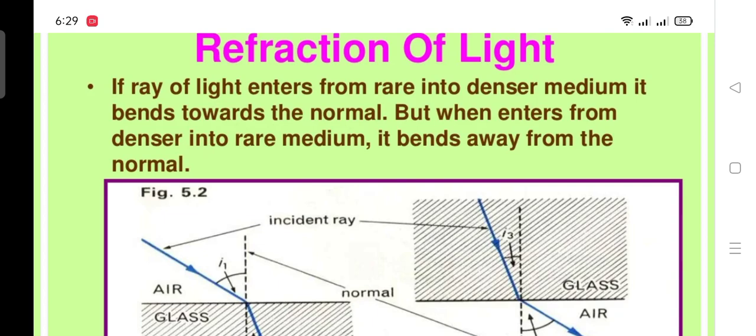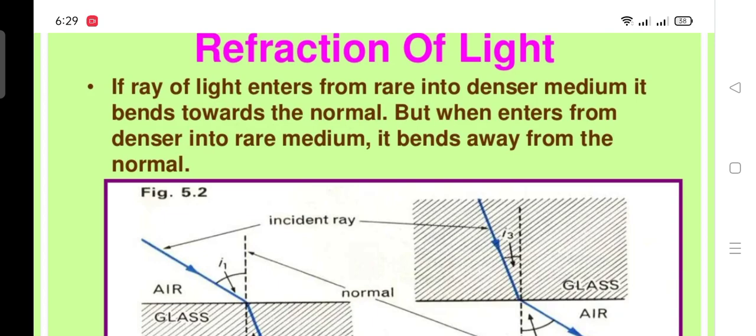Here you can see that when light travels from air to glass, the light bends toward the normal. But in the opposite case, when the light travels from glass to air, the light moves away from the normal.